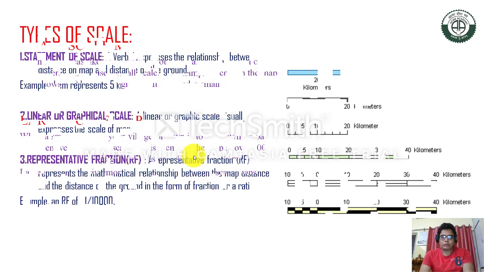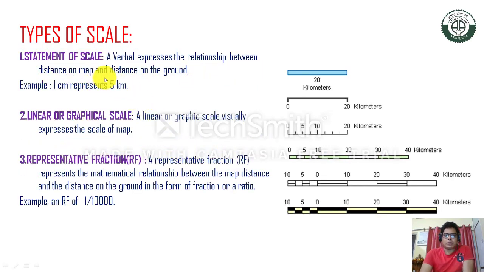Okay, next come to types of scale. There are basically three types of scale. The first is the statement of scale, the second is the linear or graphical scale, and the third is the representative fraction. The statement of scale is a verbal expression of the relationship between the distance on a map and the distance on the ground. By the name you can easily understand it: one statement that shows the scale.